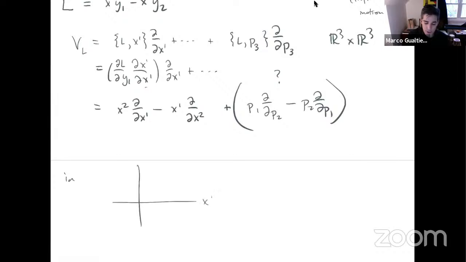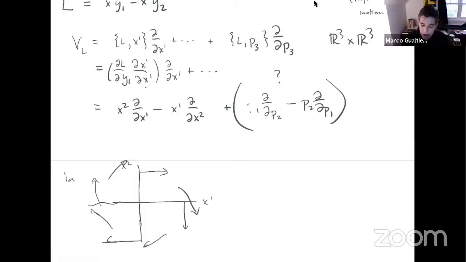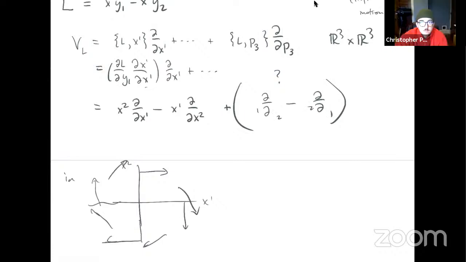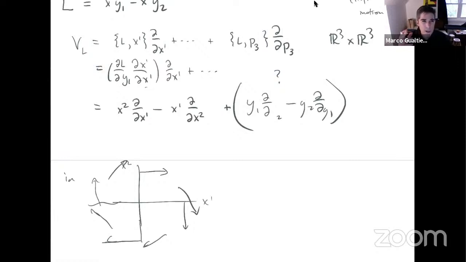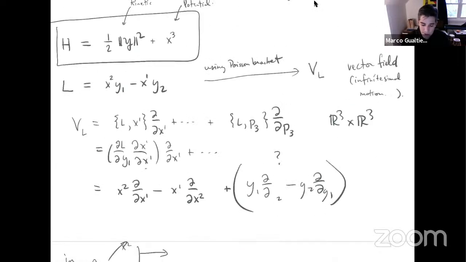So if we look at the x1, x2 plane, a vector field like this would look like this. I'm using the notation for p and y. Oh, I'm sorry, this is y. Yeah, p is y. That's the coordinate I picked for p in the R3. Sorry about that.